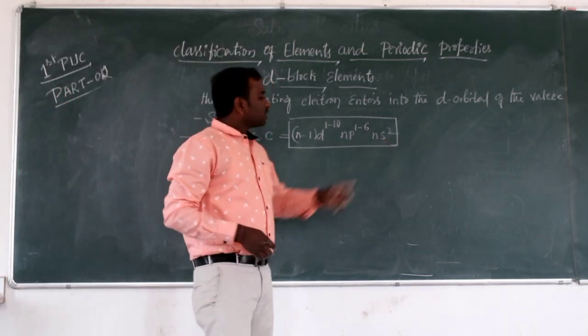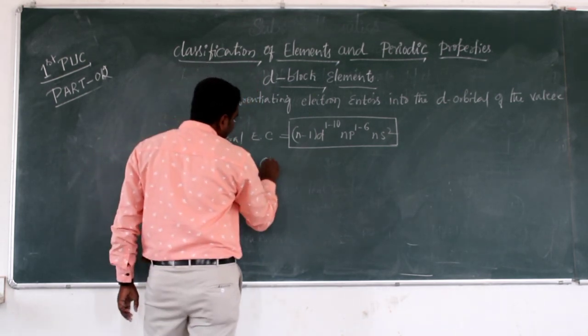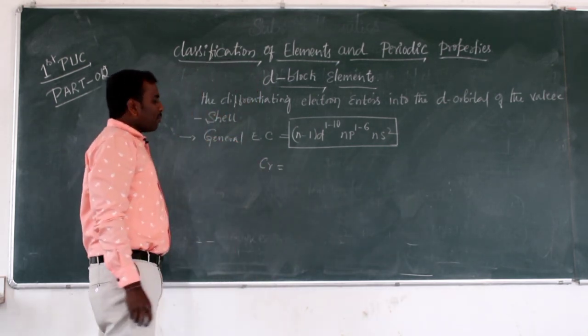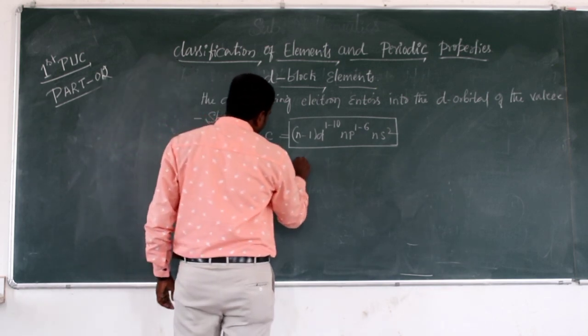For example, consider chromium. The atomic number of chromium is 24.